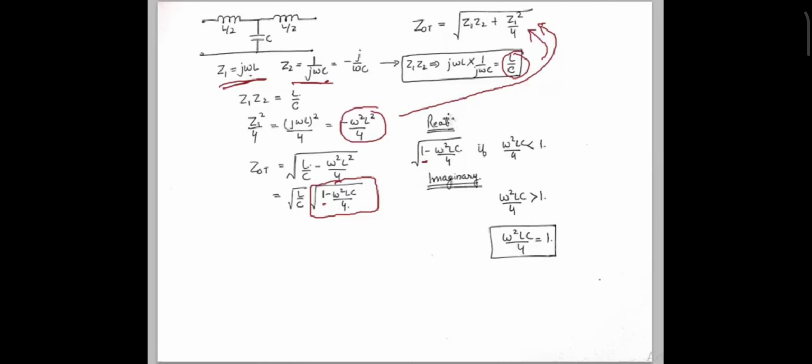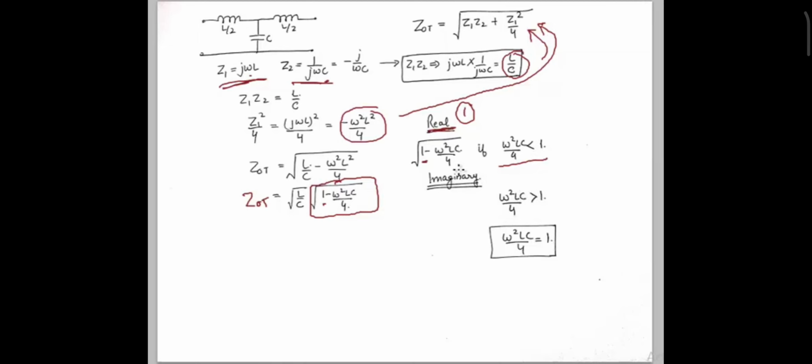So we need to focus on condition number 1. Condition number 1 says that my ZOT, my characteristic impedance of the filter, will be real only if omega square LC upon 4 is less than 1, and it will be imaginary when omega square LC upon 4 is greater than 1.